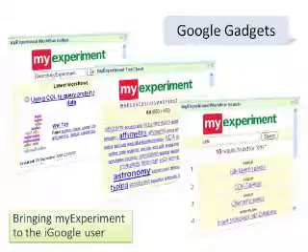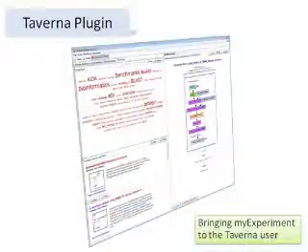So the sort of interfaces that people have built are Google gadgets via iGoogle users. So some of those workflow functionalities, like seeing the latest workflows, playing with the tag cloud there, and doing a search, coming through iGoogle. If you're a Taverna user, for example, using the Taverna workflow workbench, then you have a Taverna plugin for myExperiment, so you can access the functionality from within the Taverna environment.